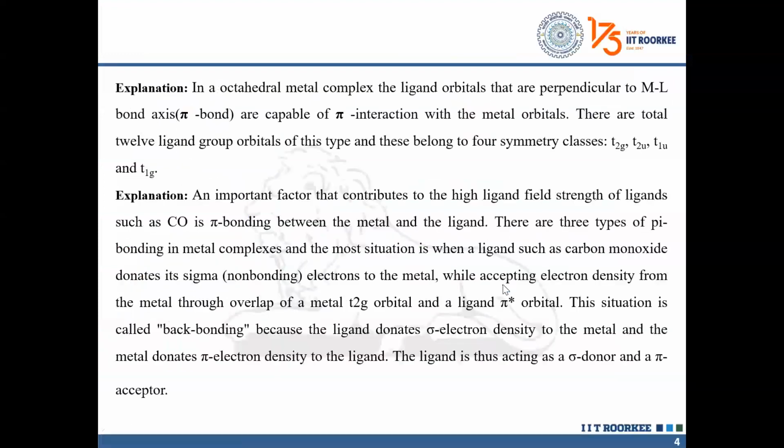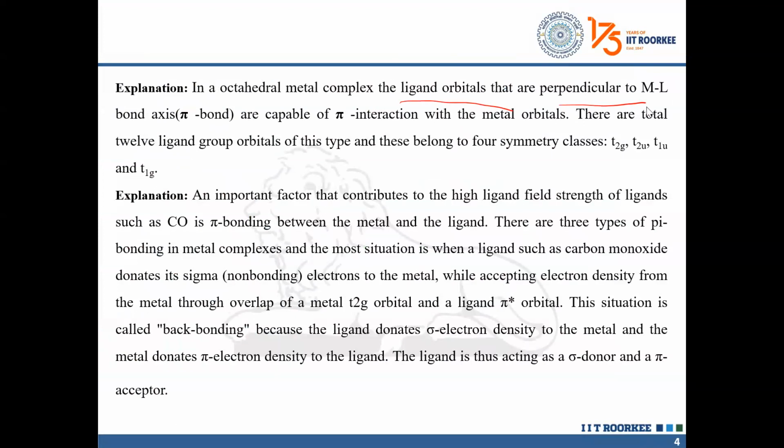In an octahedral metal complex, the ligand orbitals that are perpendicular to the bond axis are capable of pi interaction with the metal orbitals. In octahedral complex formation, there are basically six ligands, and 12 ligand group orbitals are available.